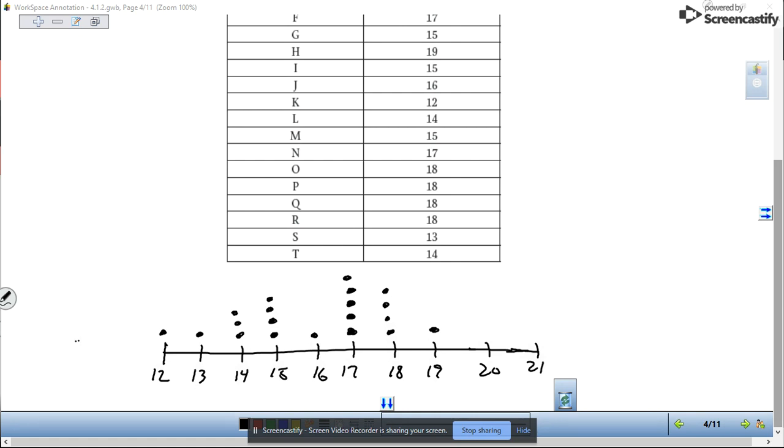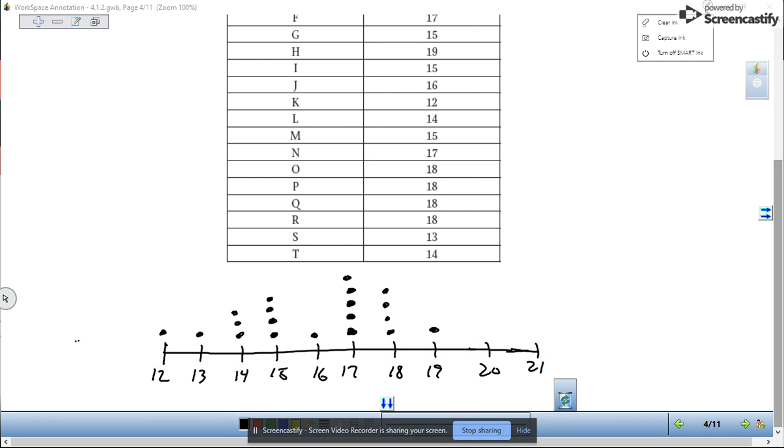What's the most frequent, or what they would call the mode? The answer is 17, closely followed by 18 and 15, but 17. You could have more than one if the highest frequency was more than 1. So that's what those are good for. It's helping you visualize data.